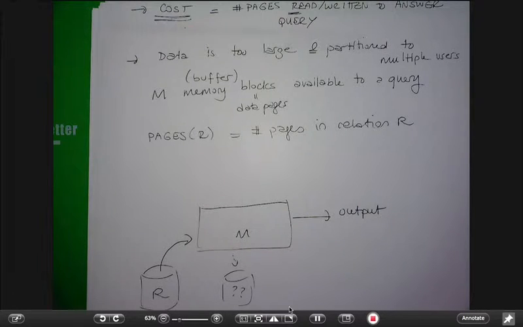But to actually compute things, I have only these M pages, and I may need over time to write things back to disk and so on. Well, once I'm done, it is written down.